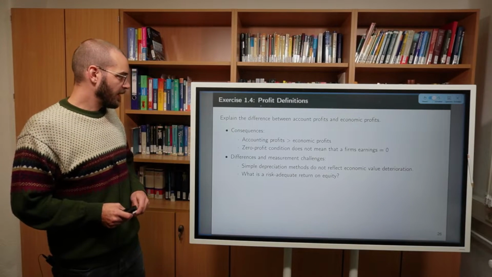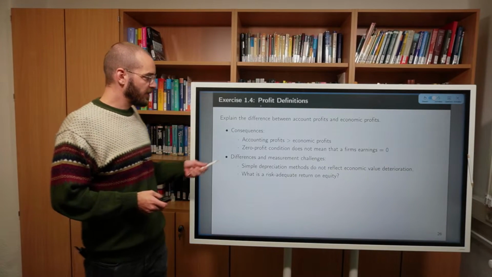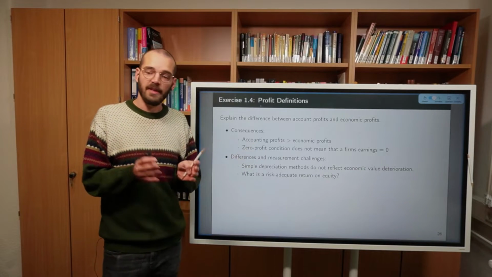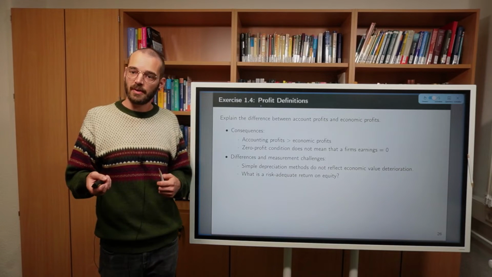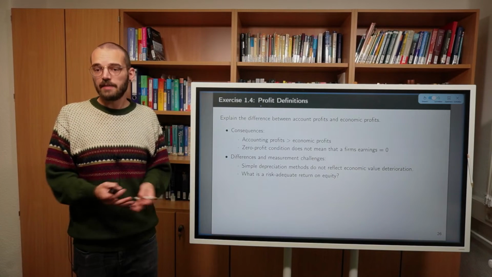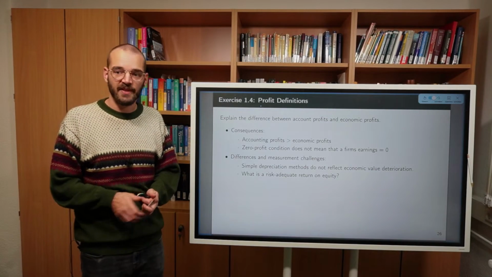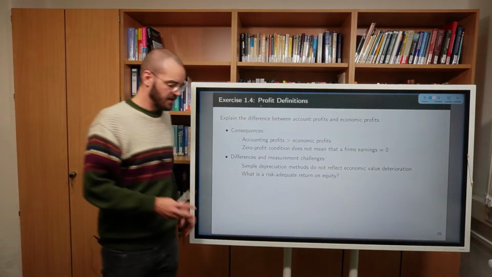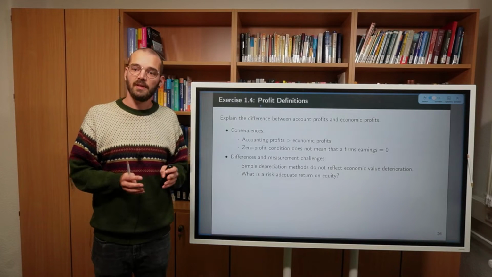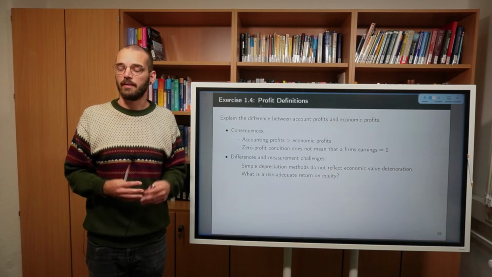So even though there are economically zero profits, there might very well be accounting profits. The key difference being that the economic profits already consider that there must be a risk-adequate return on investment.